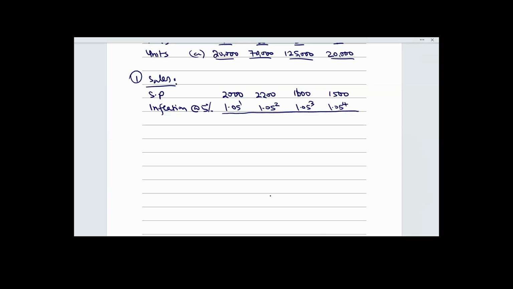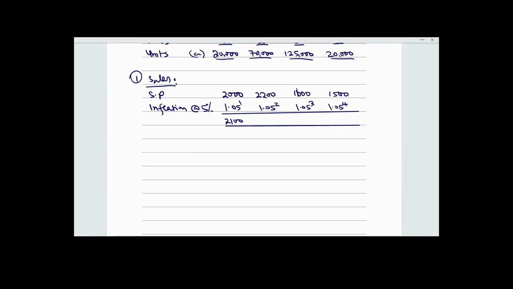I will then bring out my calculator to inflate the selling price. 1.05 raised to power 1 multiplied by 2000 is 2100.